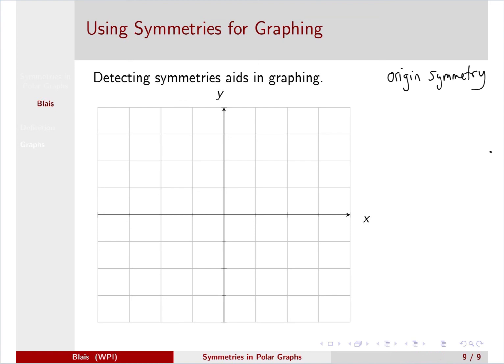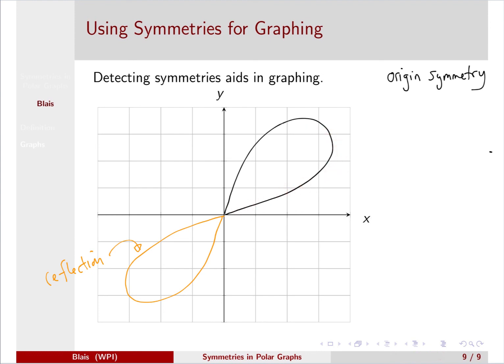Then if you graphed something that looks like this, you would reflect through the origin. And so it might take some work to work out this graph.